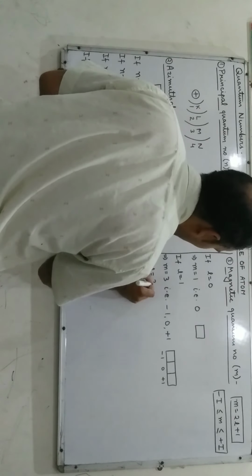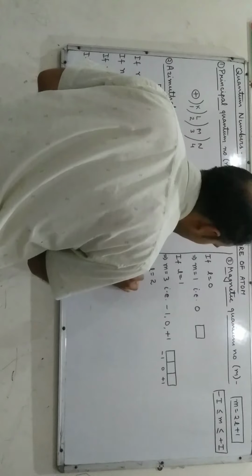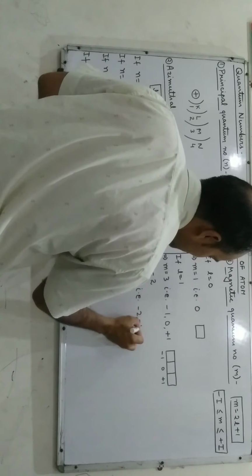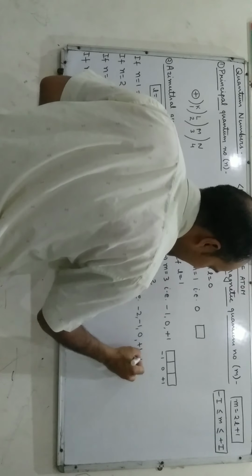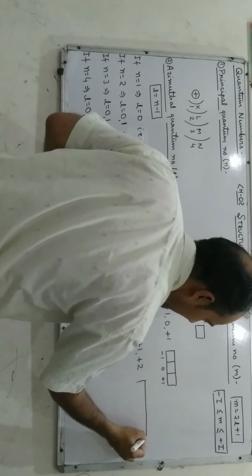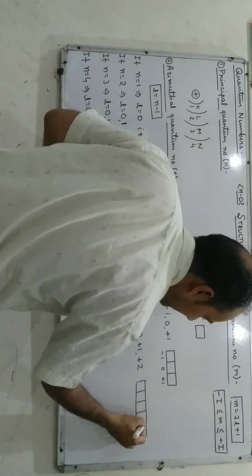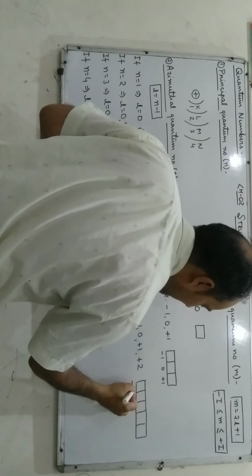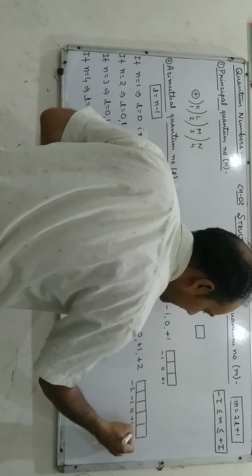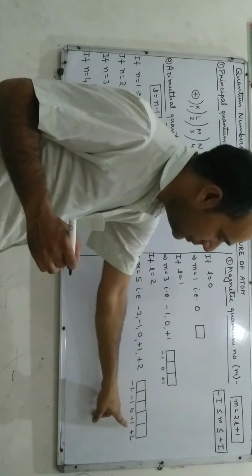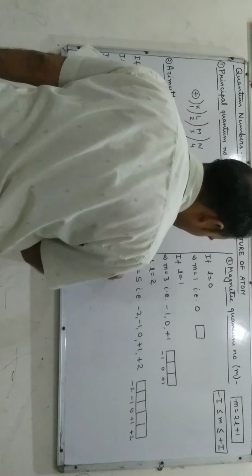If the value of l is 2, it implies the value of m comes out to be 5. It means it is minus 2, minus 1, 0, plus 1, and plus 2. And it indicates the d subshell, which contains 5 orbitals having orientations minus 2, minus 1, 0, plus 1, and plus 2.